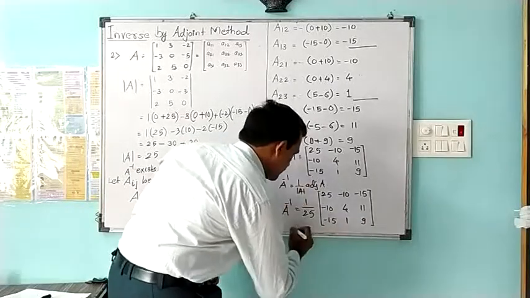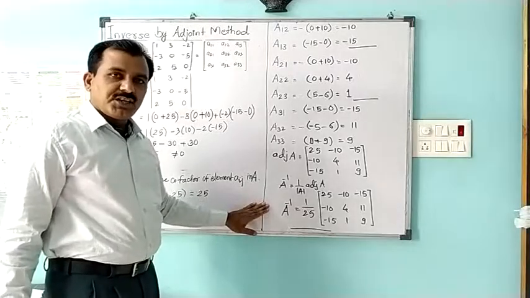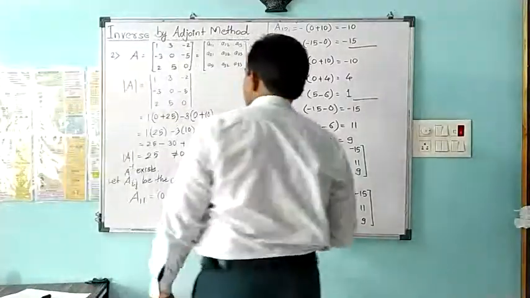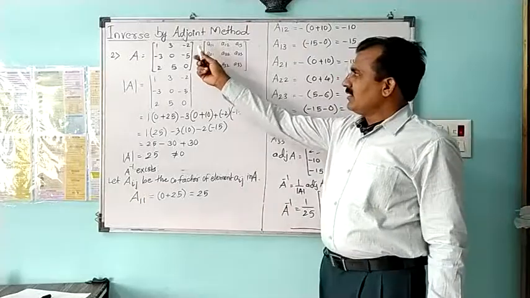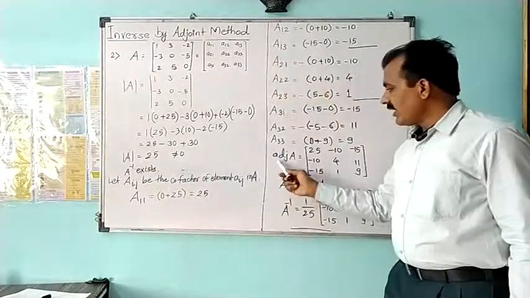So instead of taking operations on rows and columns, this is the simple method which requires the determinant and adjoint of the matrix.